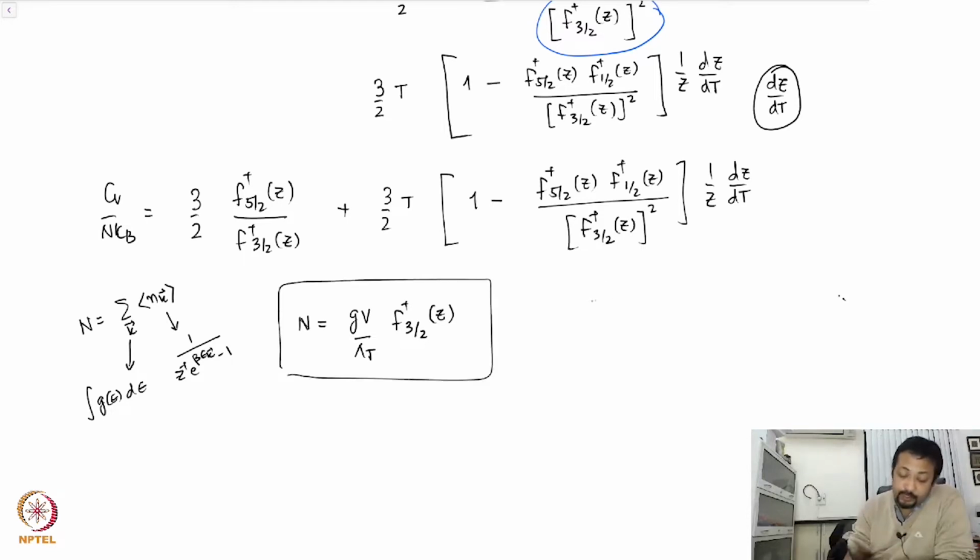So this means that n lambda_T over gV is going to be f_{3/2}(z). Good.